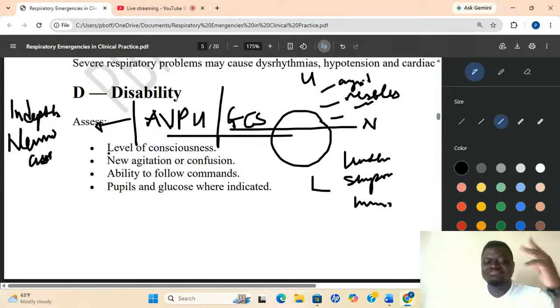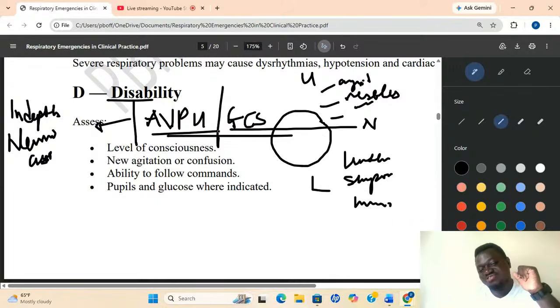I've told you this and I'll continue telling you this over and over. When I have emergencies, disability, me personally, I do this. Is the patient alert? Is there a verbal response? Is there pain response, or unresponsiveness? I'm done. 5 seconds. I have my results. Somebody will say, I want to do GCS.